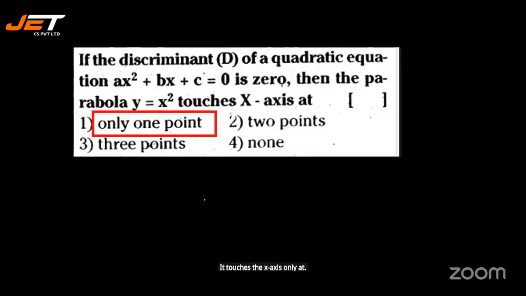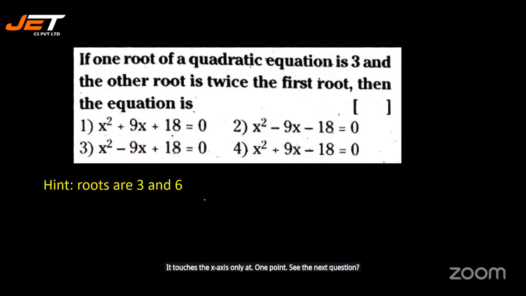See the next question. If one root of a quadratic equation is 3, and the other root is twice the first root, then the equation is dash. All right. So it's so clear. See here. If one root is 3, the other root is twice the first root means what?